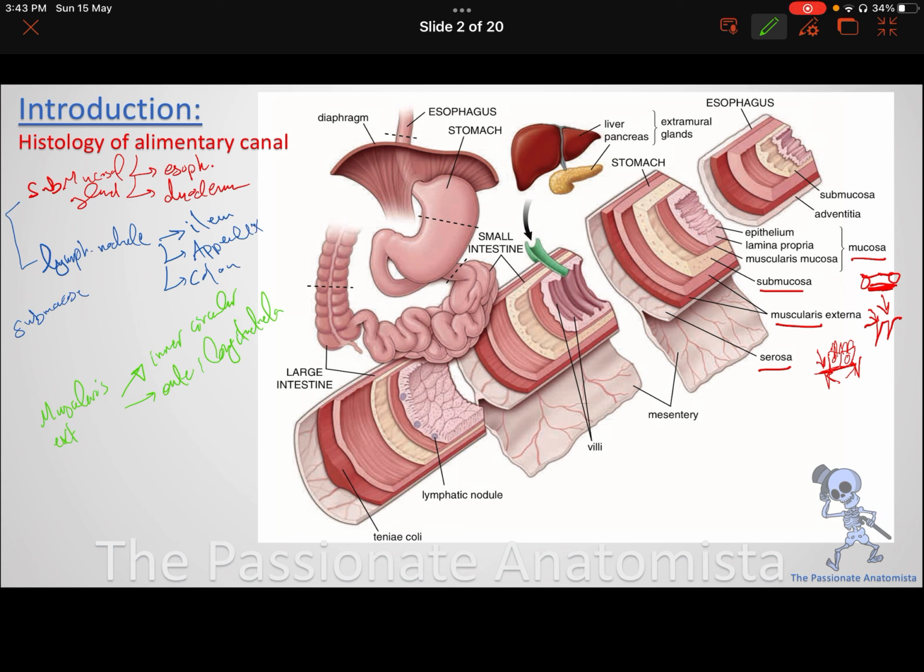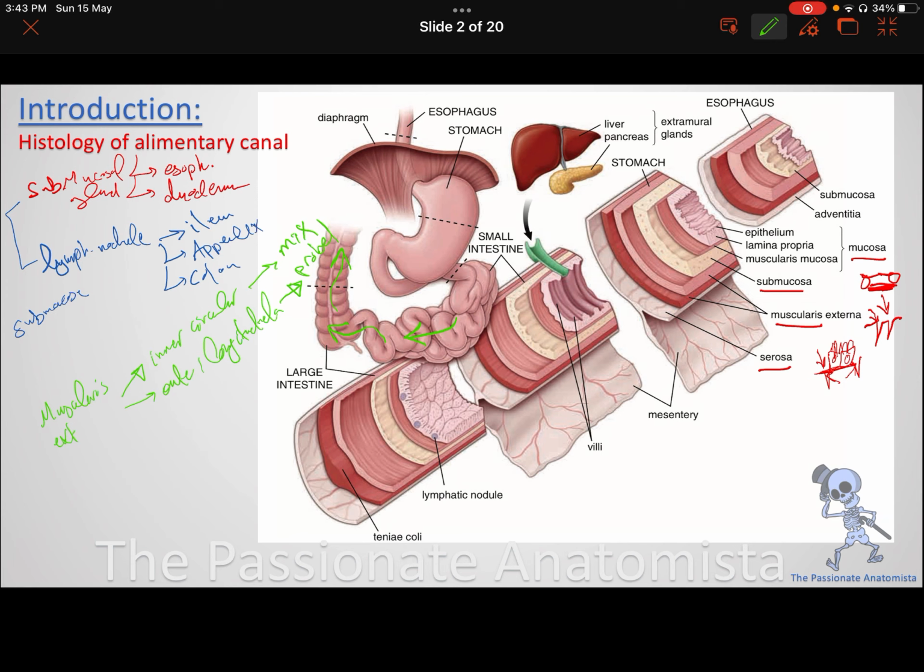Now, why do I need to have inner circular? Because I need to mix the food in the GIT. Now, why do I need to have outer longitudinal? Because I need to propel the food from one place to the next. All right.